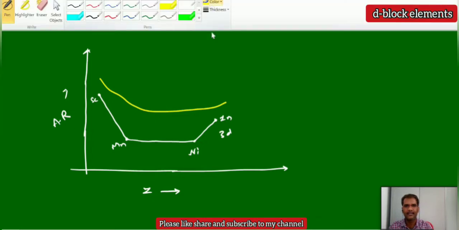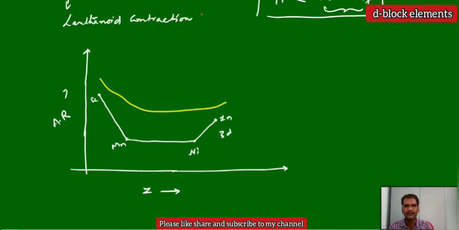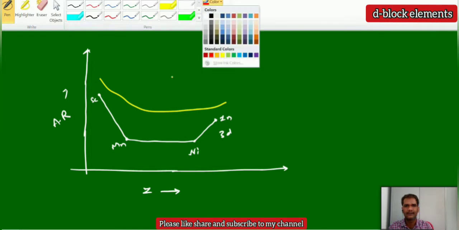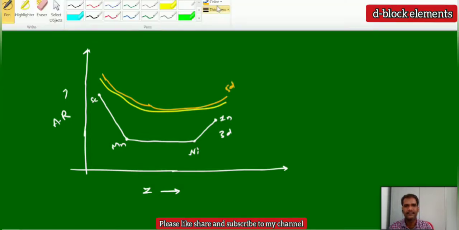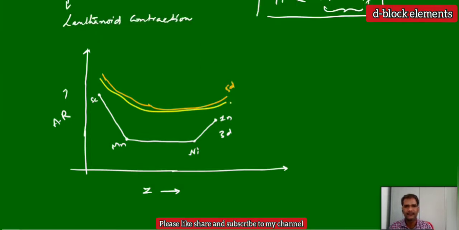And similarly 5d. 4d and 5d, they have almost similar atomic radii. You can observe the graphs. This is 5d and this is the 4d series. So they have almost similar size, but here we can see quite a difference. So the 3d series has less atomic radii than the 4d and 5d.